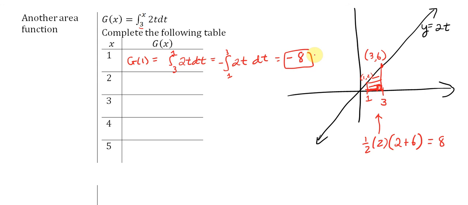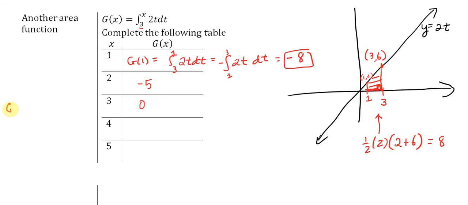So I'm going to move through the other points here on the table relatively quickly. You should work this out for yourself and ask your teacher if you're having a hard time with this. But g of 2, I'm going to tell you is going to be negative 5. G of 3 is going to be 0. That's the easiest one, so maybe I should write this on the side here.